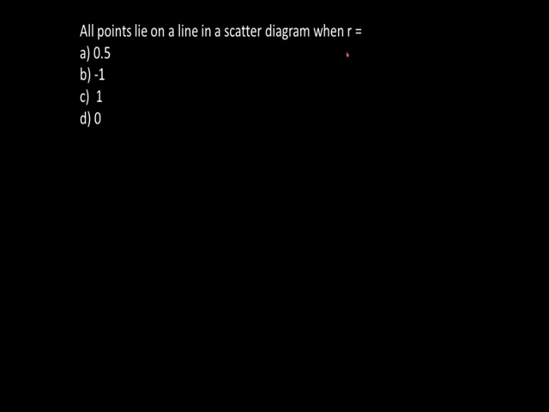If we plot the points on the scatter diagram, and according to this question all the points will lie on the line, this is possible only if I have r is equal to 1. So that's why this has to be remembered, that all the points will lie on a line only when r is equal to 1.